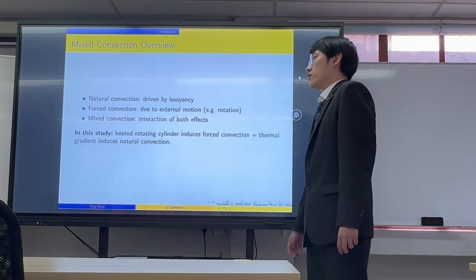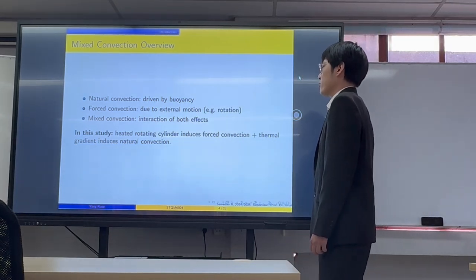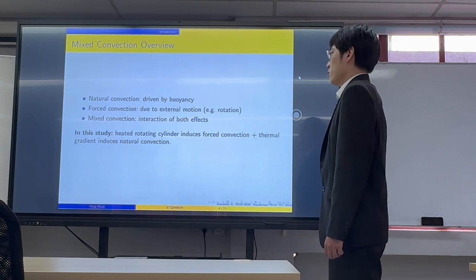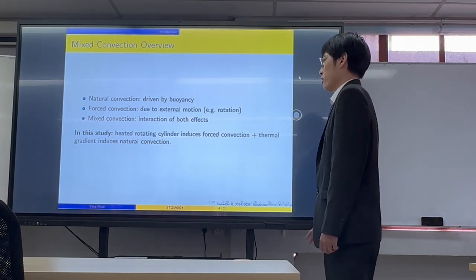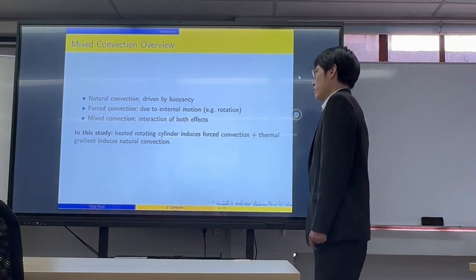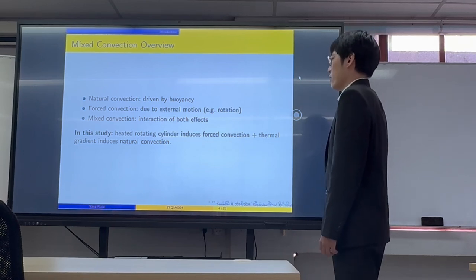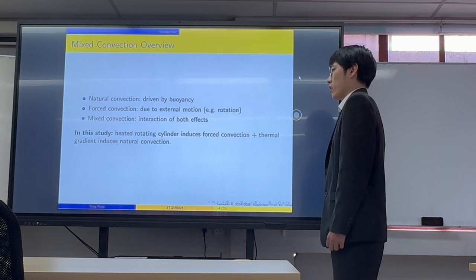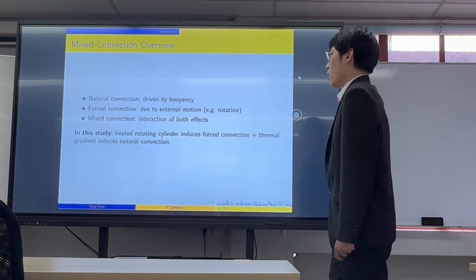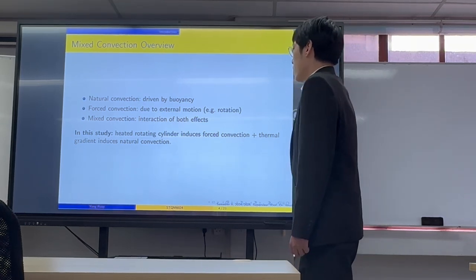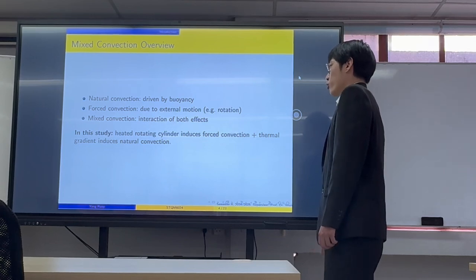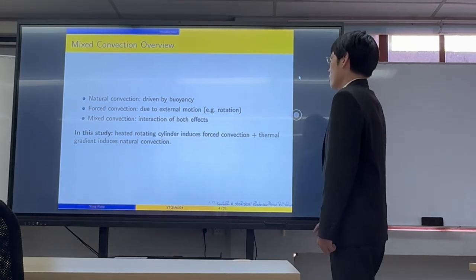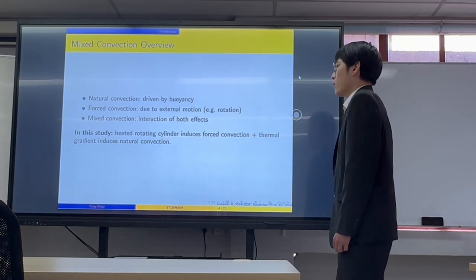Next, we consider 3 types of convection: natural convection, forced convection, and mixed convection. Natural convection is driven by buoyancy forces that arise from changes in fluid density. Forced convection is the movement of fluid by external forces or pumps.